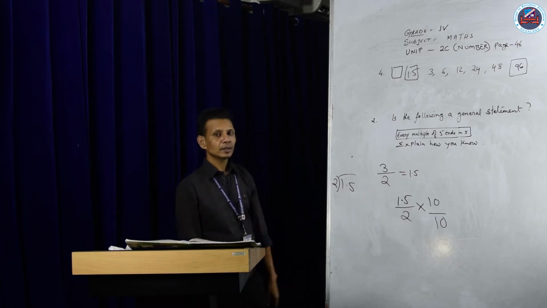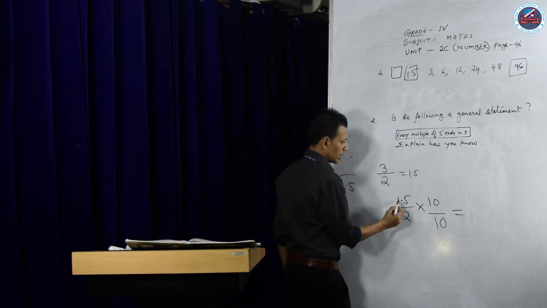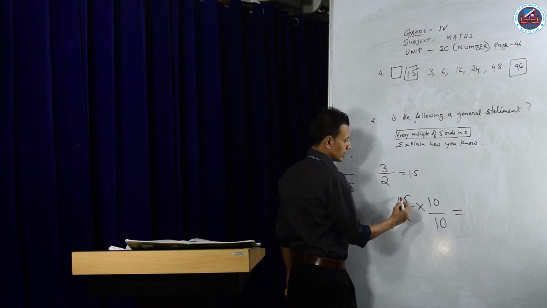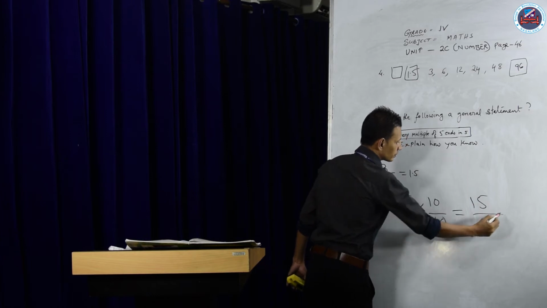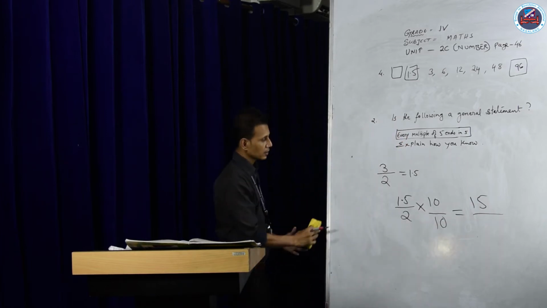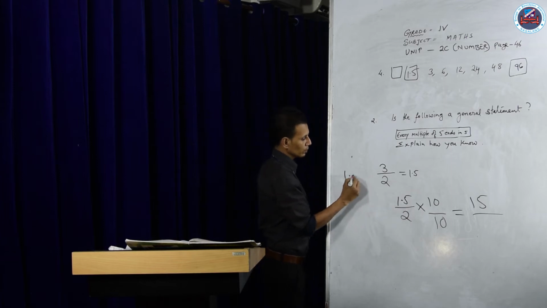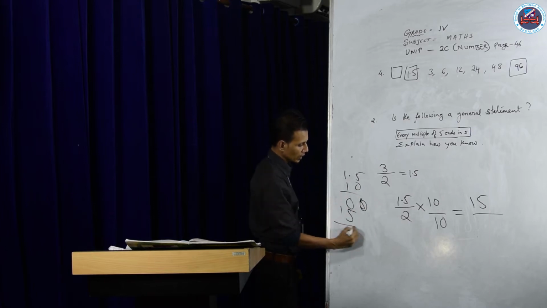What happened? 1.5 into 10, there will be no decimal, only 15. Don't be surprised. 1.5 times 10: 0 times 5, 0; 0 times 1, 0; 1 times 5, 5; 1 times 1, 1.